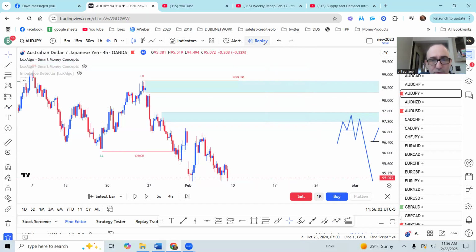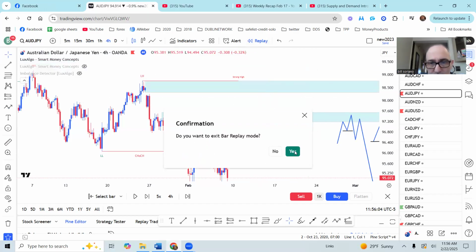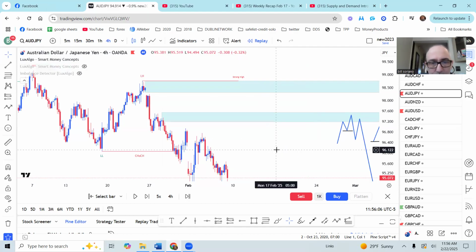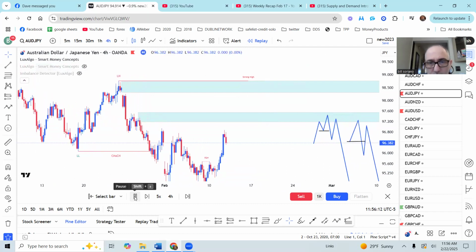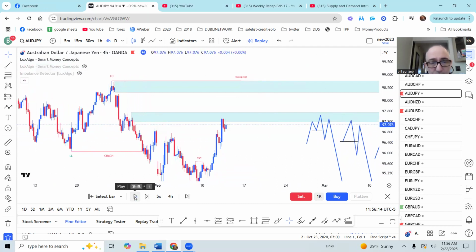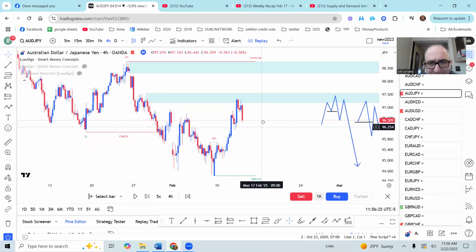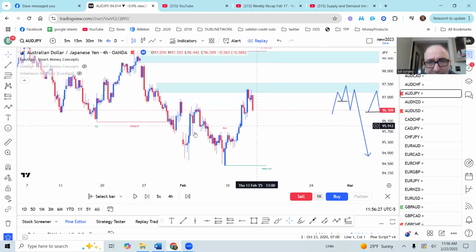But let's just watch when we replay this here. Let's just put this in replay. See now price moves up into our zone here. It kind of moved up into that lower zone that we had highlighted before, but we said that zone was no good because there was no break of structure.